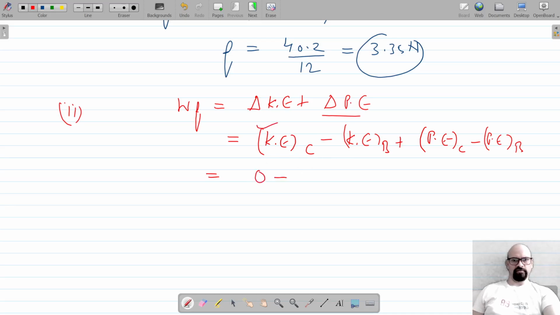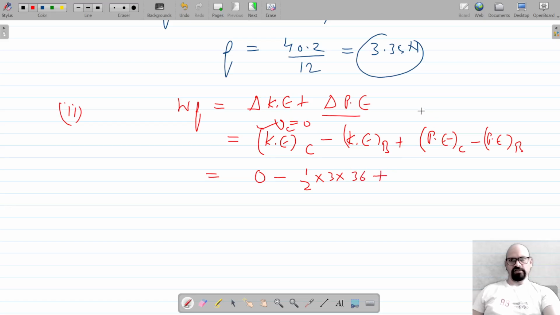Now the kinetic energy at B is half into 3 into velocity at B squared. Velocity at B is 6 meter per second, so 6 squared is 36.